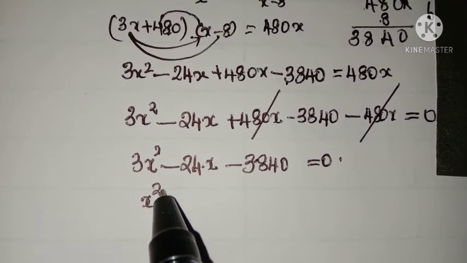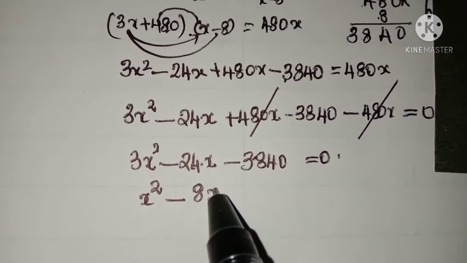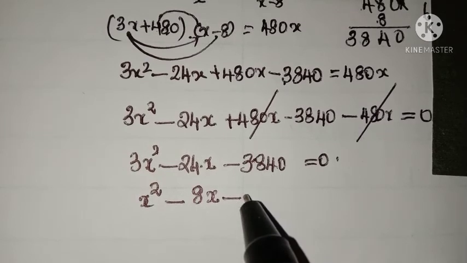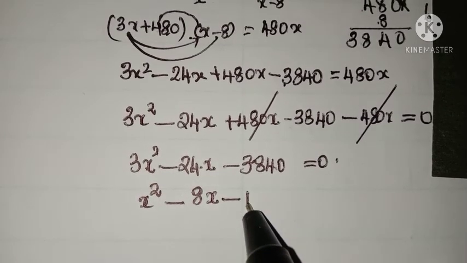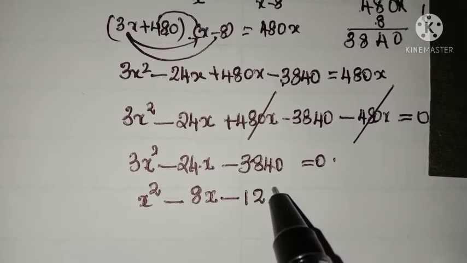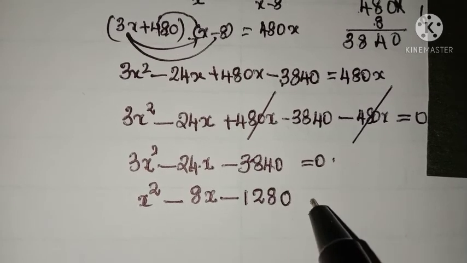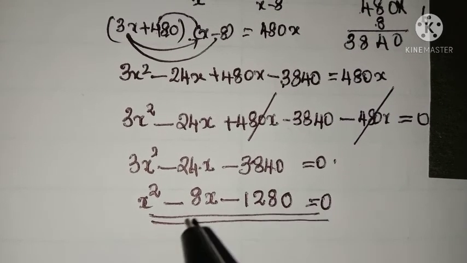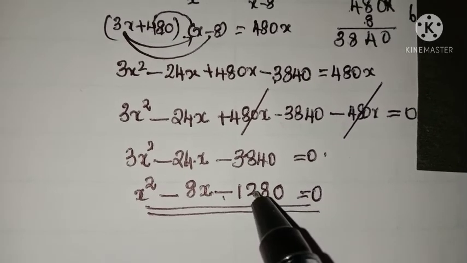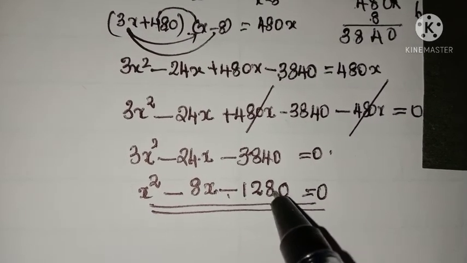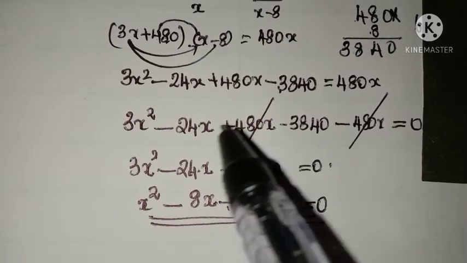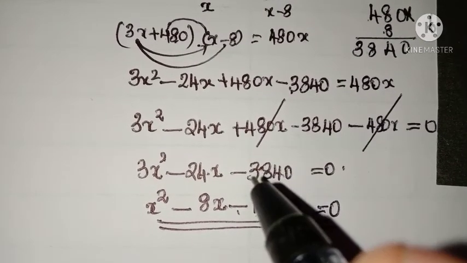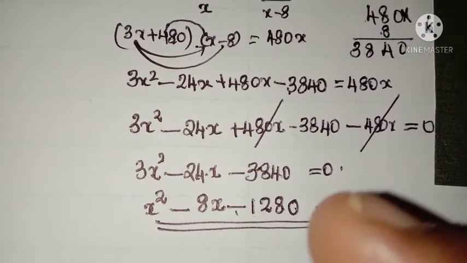So this is x square minus 8x minus, this can be written as 1280, equal to 0. x square minus 8x minus 1280 equal to 0. So this is our quadratic equation as per the given situation.